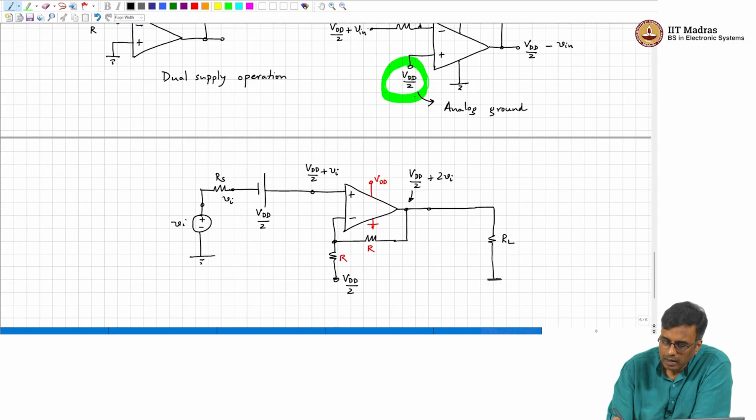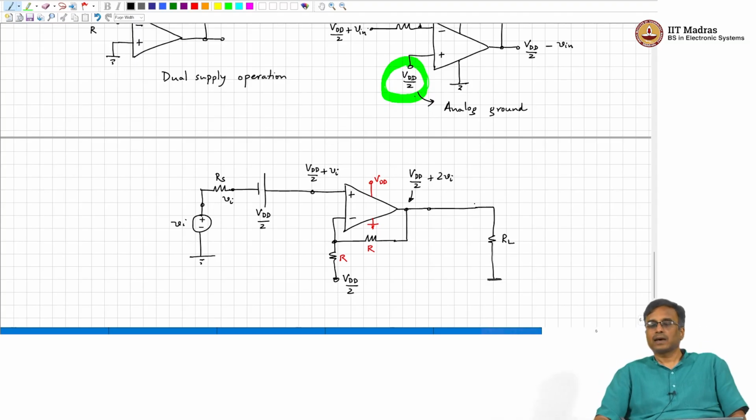Now, if I directly connect this to RL, what comment can we make about the DC current even when Vi is 0? What comment can we make about the DC current flowing through RL?